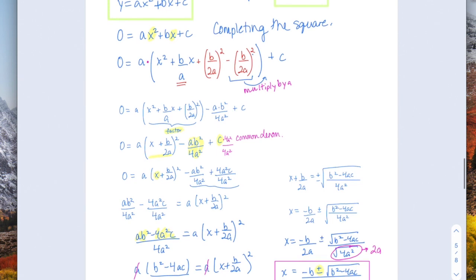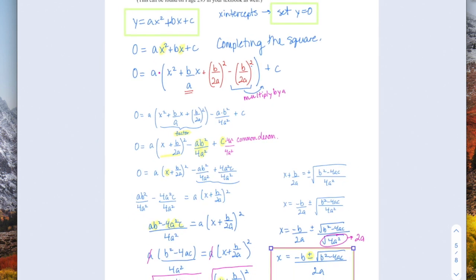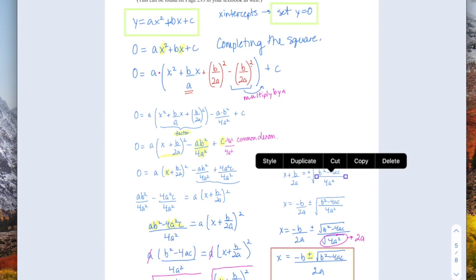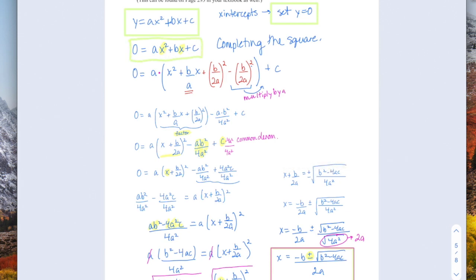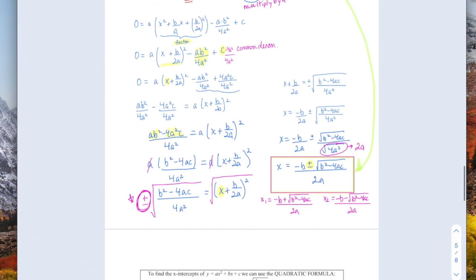So this guy here is the solution set to this equation right here, where we've set the quadratic equal to 0. These two are connected, and this is what we call the quadratic formula.